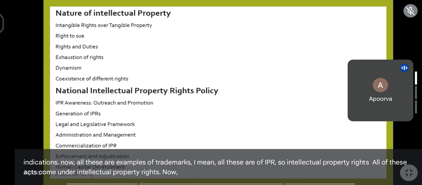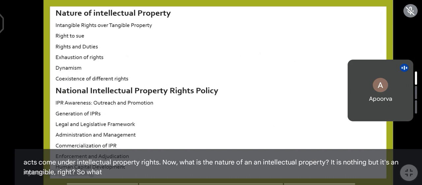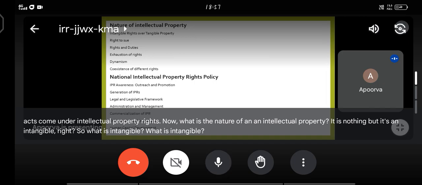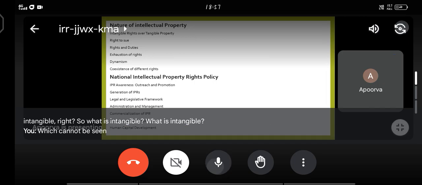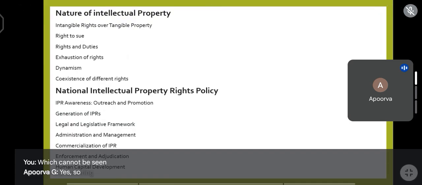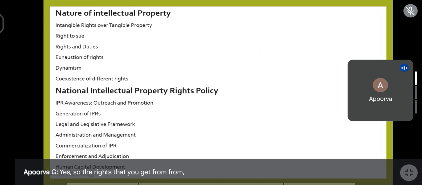Now, what is the nature of an intellectual property? It is an intangible right. So, what is intangible? Which cannot be seen and touched. Yes. So the right that you get from intellectual property is a right that you cannot see, you cannot touch.